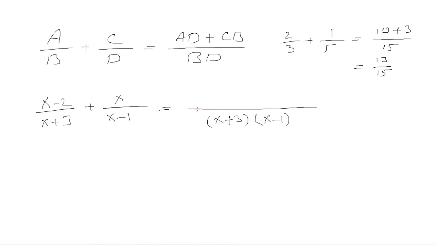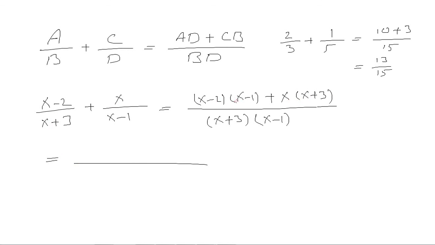So A is x minus 2, D is x minus 1, plus C is just x times B, x plus 3. Okay, and then I need to multiply and simplify by adding the like terms. So this equals, let's multiply these two.